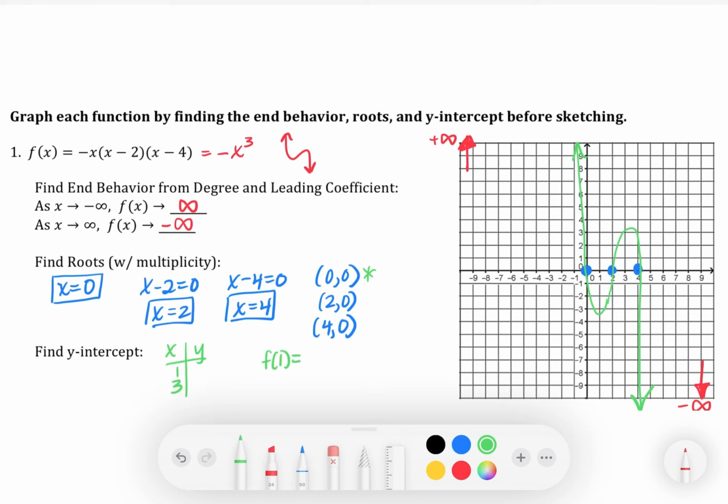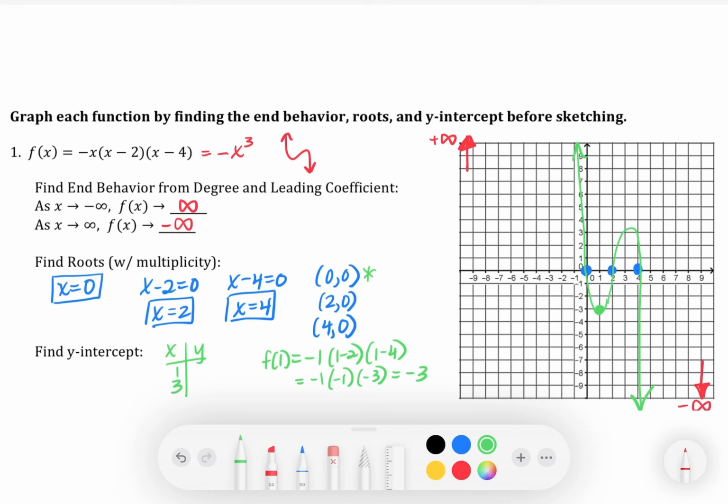That's f of 1 is negative 1 times (1 minus 2) times (1 minus 4), or negative 1 times negative 1 times negative 3, which is just negative 3. So that point actually gets plotted right there. Hey, we were on the right track. We thought it would be underneath the x-axis or it would be negative at that point, and it was.